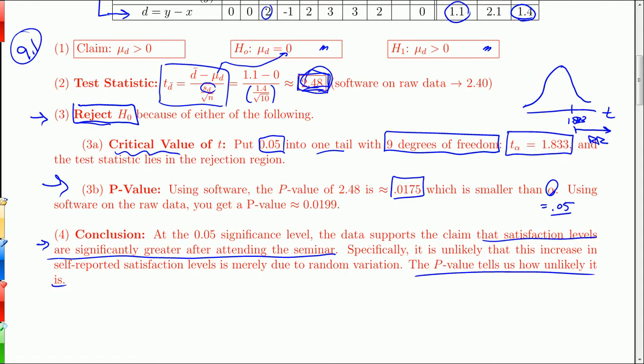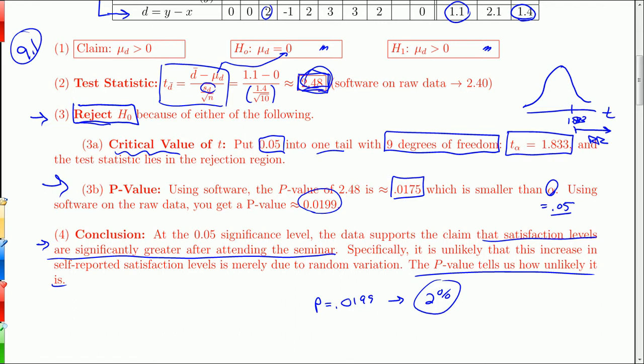If you look at the p-value, and that came from software, p equals 0.0199. If you convert that to a percent, that's about 2%. So what that means is you could expect a difference of 2% before and after due to random variation.